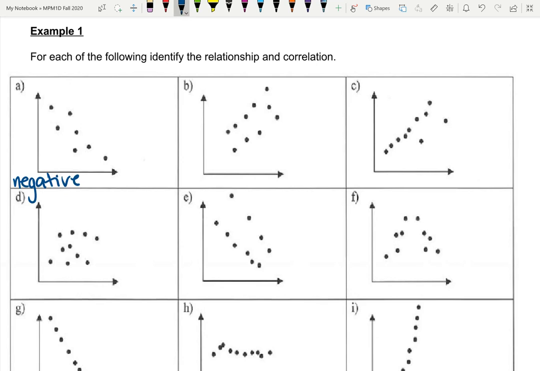Sometimes it's pretty difficult for us to determine if it's between moderate and weak or strong and moderate. So here I'm going to say that this is moderate. These points don't really seem to be creating a straight line, but there is a noticeable trend.